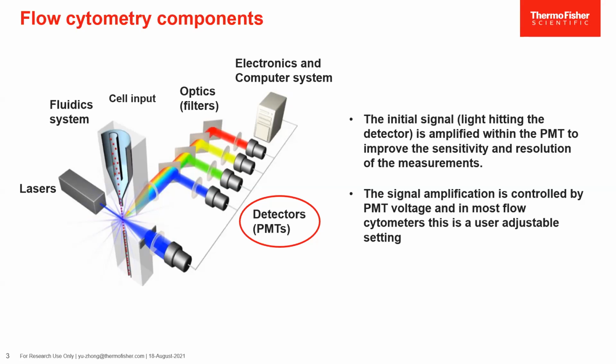This is an advantage, because with an adjustable PMT, if the signal from the negative is low, you can increase the PMT voltage to get a better separation. If the signal is too bright, by lowering the PMT voltage, the signals will remain in the linear range of the detection.